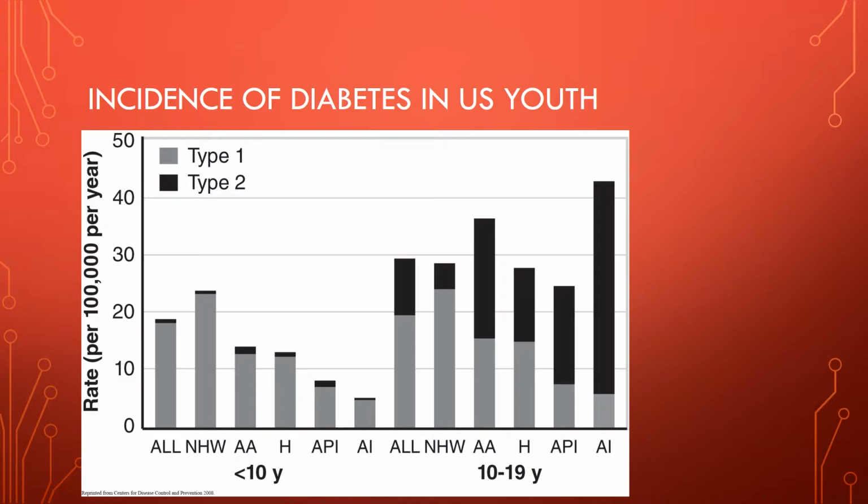The black bars are type 2. Very, very rare to have type 2 diabetes in kids under 10. You see the groups here: all is everyone, and then non-Hispanic white, African American, Hispanic, Asian Pacific Islander, and American Indian, I believe.